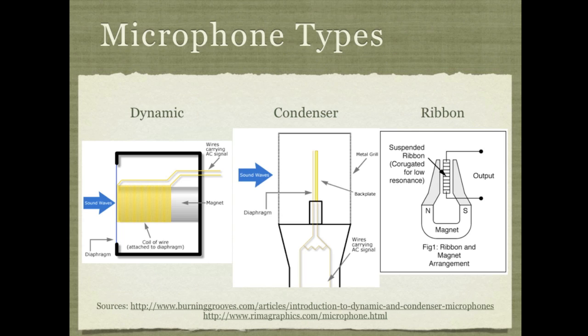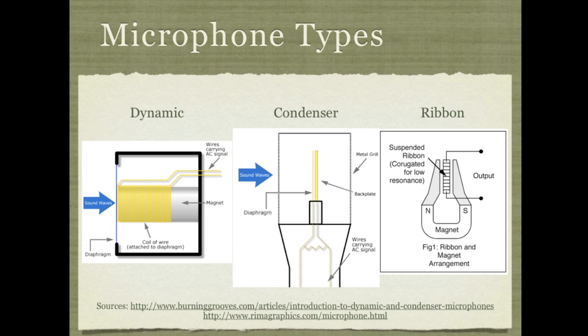The three main types use completely different mechanical structures, and those have an impact on the sound, mostly relating to how large and bulky, relatively speaking, the diaphragm is that the sound waves need to move in order to register electricity inside the microphone.